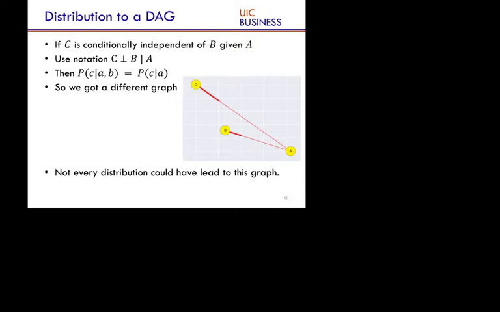Now I've gotten a different graph. It's interesting, right? I made a conditional independence assumption on my joint distribution, my total probability distribution over A, B, and C, and because of that, I got a different graph. Is that clear?